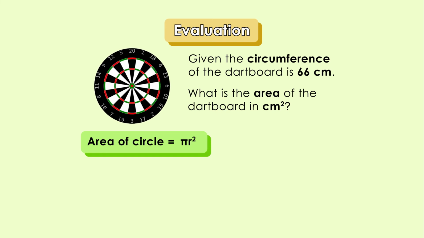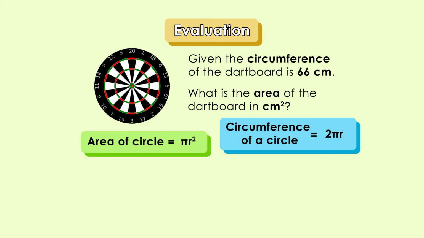We know that the formula for the circumference of a circle is 2 pi r. It is given that the circumference of the dartboard is 66 centimeters. Hence, 2 pi r is equal to 66. 2 multiplied by 22/7, then multiplied by r is equal to 66.